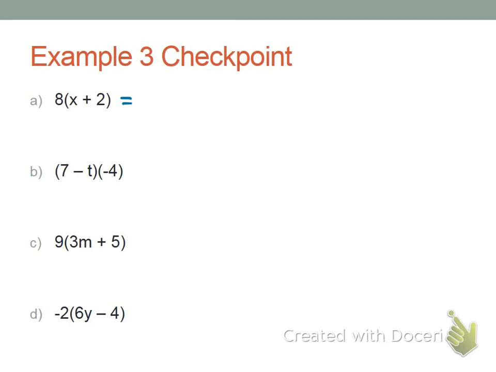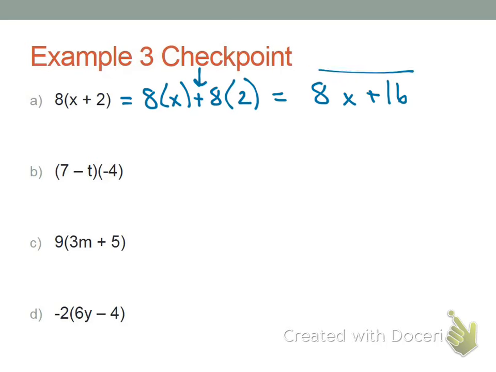So equivalent expression, write what you're thinking, what are you multiplying by, and then box your answer. Okay, equivalent expression, 8 times x plus 8 times 2. Sound kind of robotic? All right, and then you have 8x plus 16. All right, next.